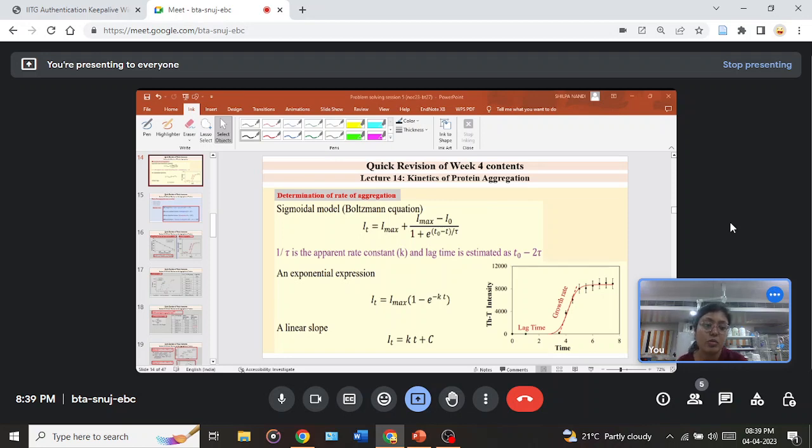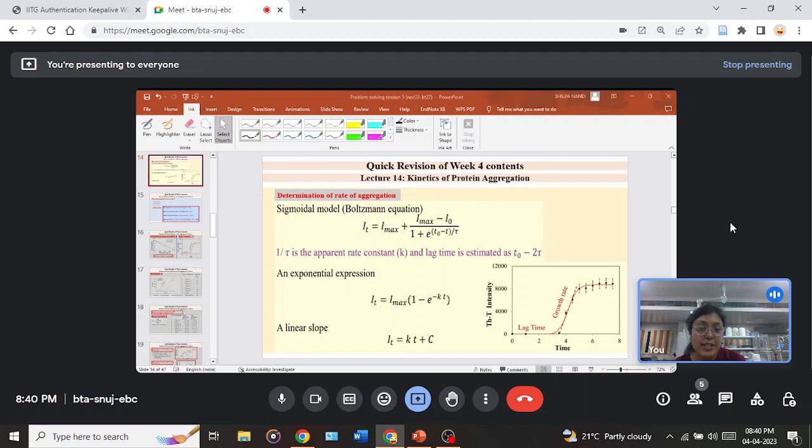If you derive an exponential expression using this linear slope that you will get from the growth rate, you can get this particular expression: I(t) is equal to I max (1 minus e to the power minus kt). Here I(t) is your intensity of this ThT at a particular time t, and I max is the maximum intensity.